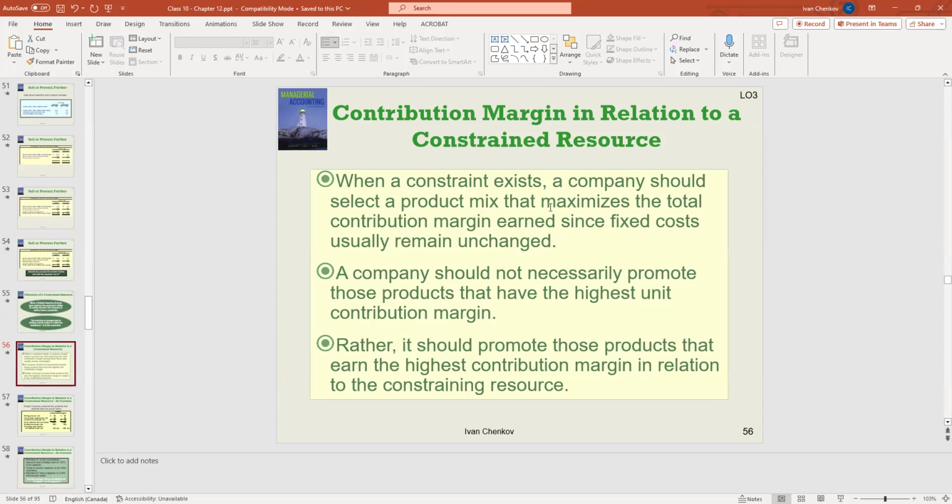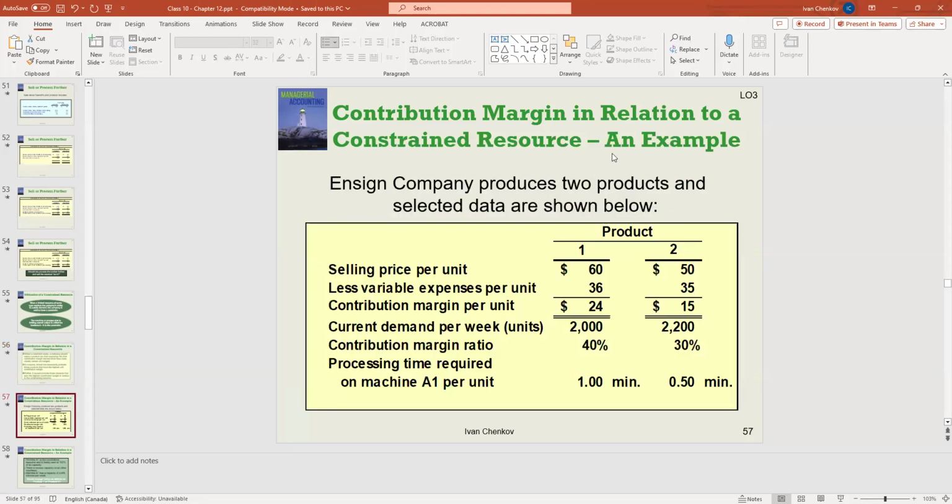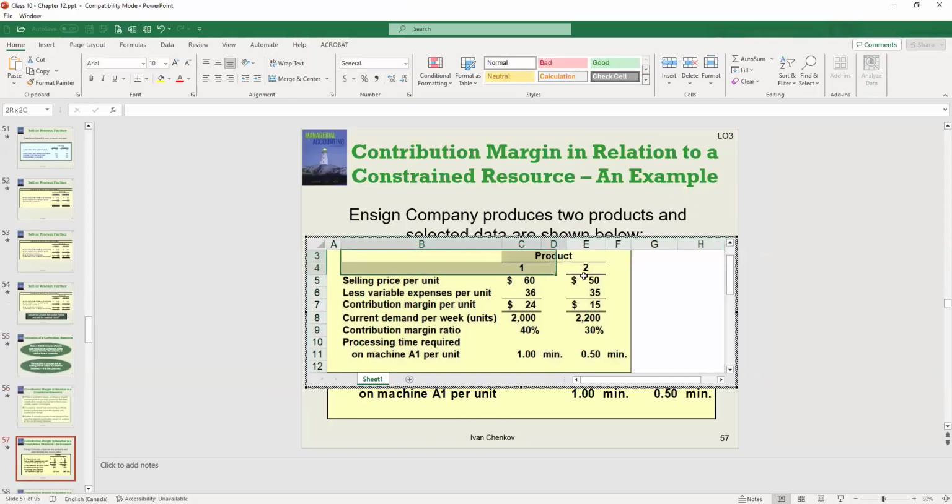How is this going to look in reality? Let's get this information here. Let me go to the Excel spreadsheet again, copy this Excel spreadsheet and move it to our Excel so we can work with this.